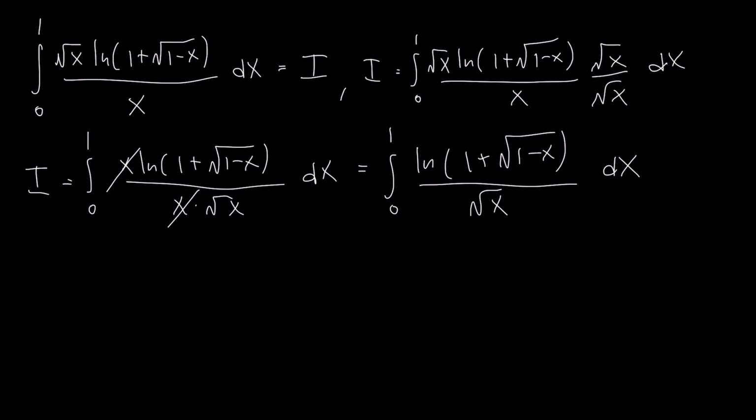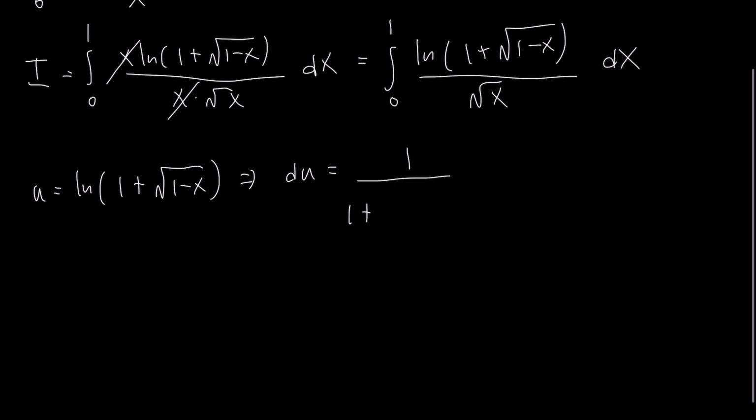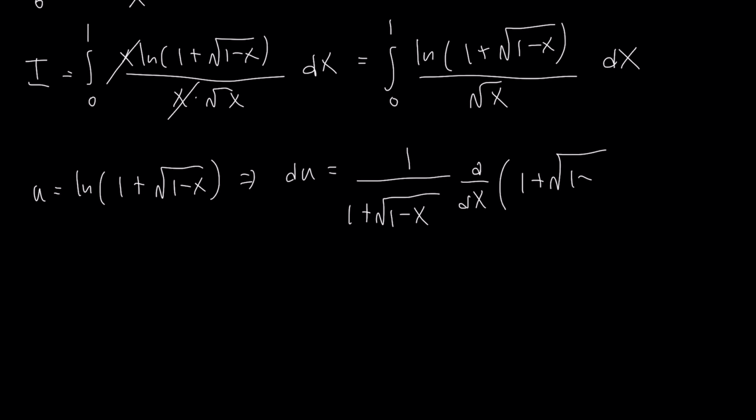And now from here we could use integration by parts. So now we're going to let u equal the natural log of 1 plus the square root of 1 minus x, which means that du equals 1 over 1 plus the square root of 1 minus x, and then the derivative with respect to x of 1 plus the square root of 1 minus x.